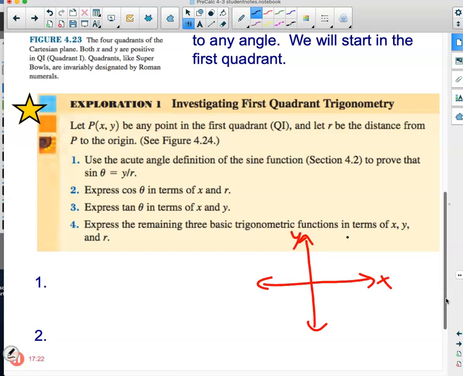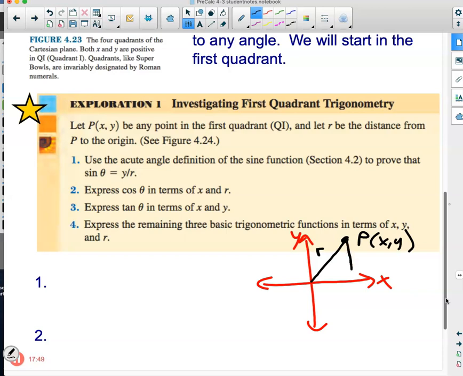So somewhere over here, we pick a point xy, and our angle is formed from that little radius that we see right there, and they want us to label that R. Well, we already know that reference angles are supposed to be formed with the positive x-axis.